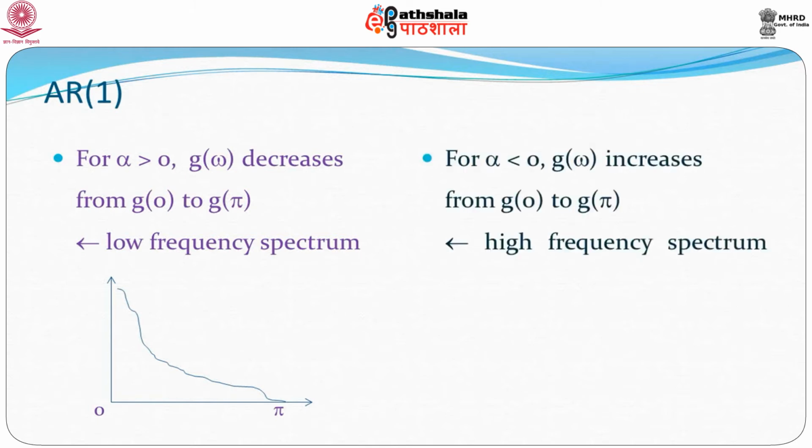On the other hand, if alpha is less than 0, then g(omega) increases from g(0) to g(pi), and the high values now have a larger role to play in making up the process, and hence we call it a high frequency spectrum.